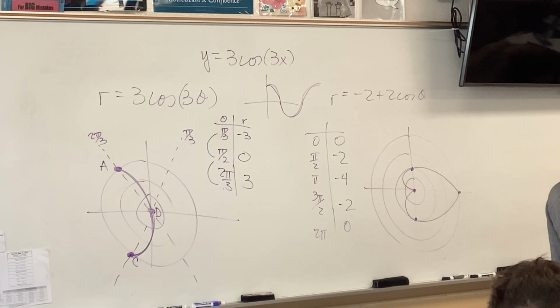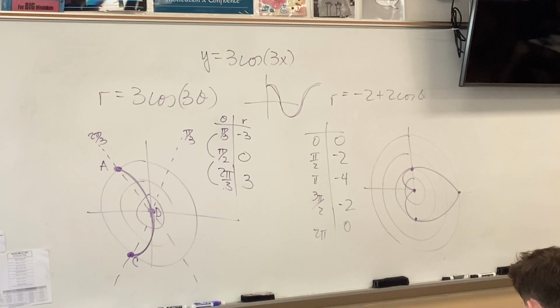From 0 to pi over 2, the distance from the function to the origin is increasing. Would you agree with that? You are getting further away from the origin. If you look at your polar picture, you're getting further away from the pole. You're moving out.